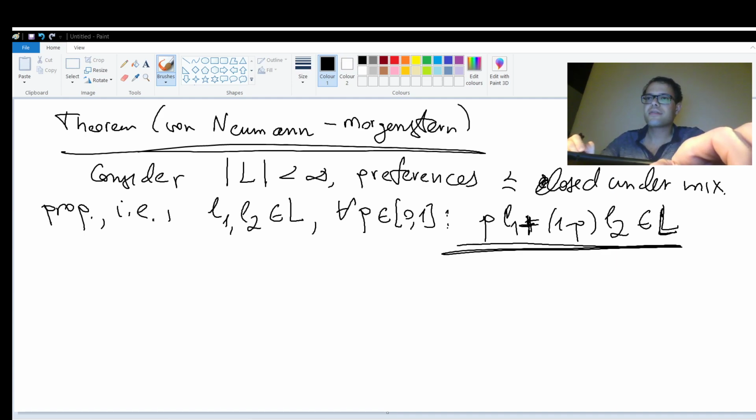We also assume something which is also natural, reducibility: you can always look at the basic outcomes, even if you have a combination of many lotteries, because a lottery is a combination of outcomes.